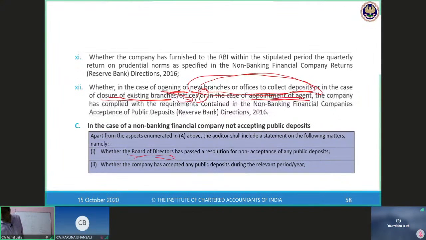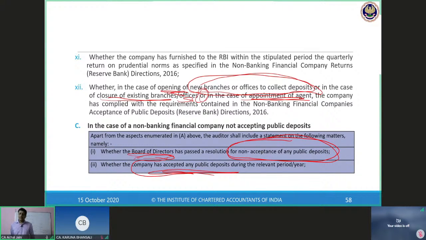So, resolution of the board for non-acceptance of any public deposits. There should be such resolution, so that there is a clarity internally that the public deposits will not be accepted. Whether the company has accepted any public deposits, so even though they were not accepting, but the company accepted any public deposits, if any.